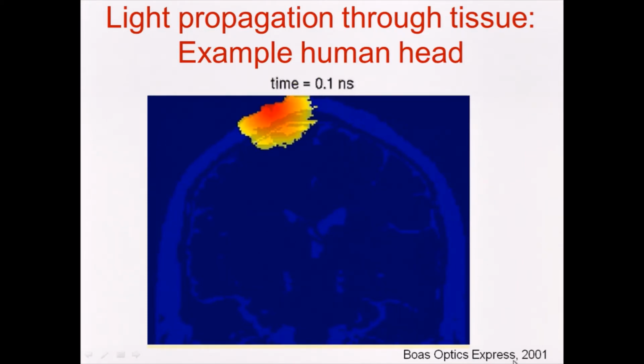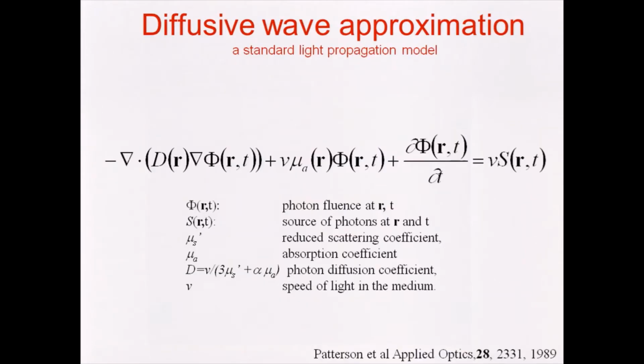So we can model light diffusion through tissues basically like you might model heat diffusion through any other material. And this is a fairly simple equation. It's a second-order differential equation where the first term is a second-order spatial derivative, and that's related to scattering.